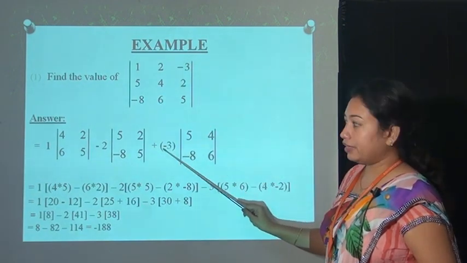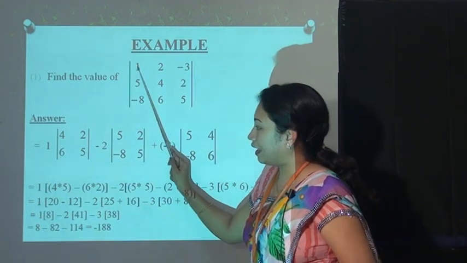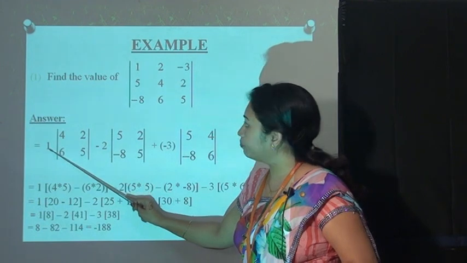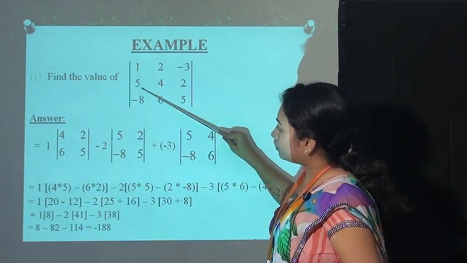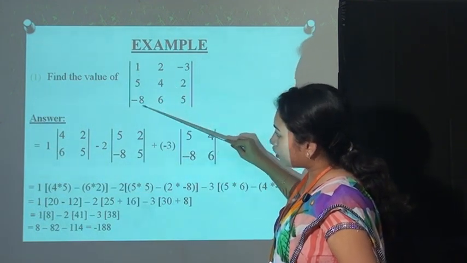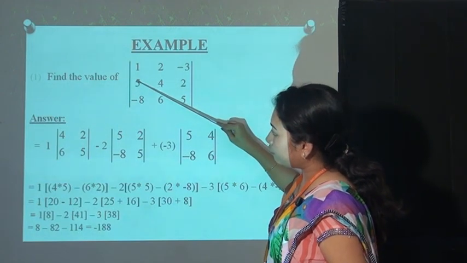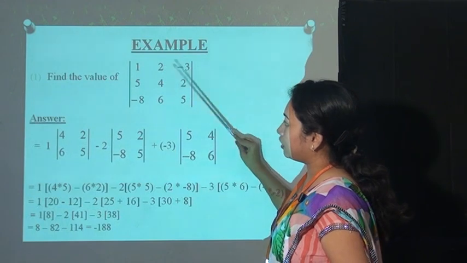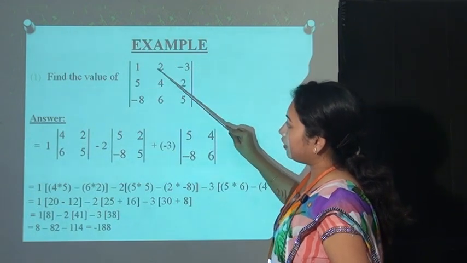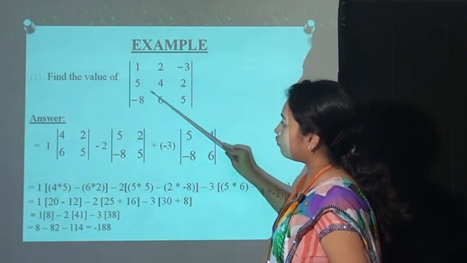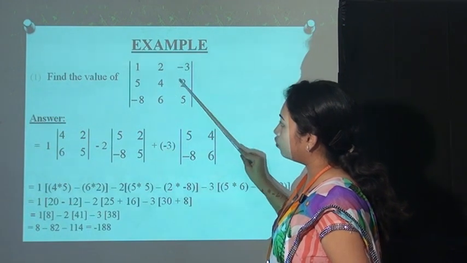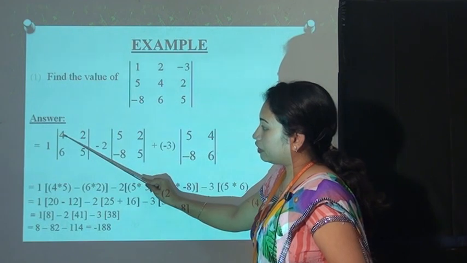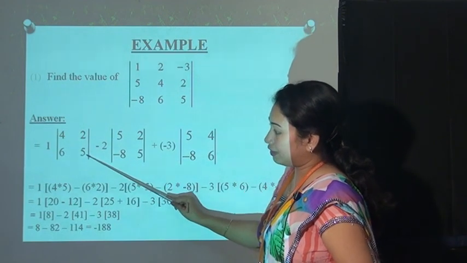As earlier, first take the element of the first row, first column, which is 1. Delete the elements of the same column, that means 5 and minus 8, and of the same row, that means 2 and minus 3. So the rest of the determinant is 4, 2, 6 and 5. So 1 multiplied by the determinant of 4, 2, 6 and 5.